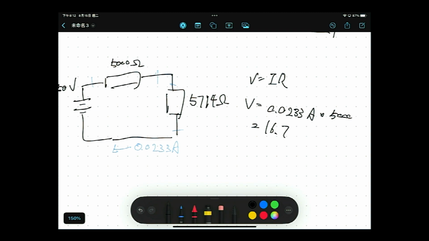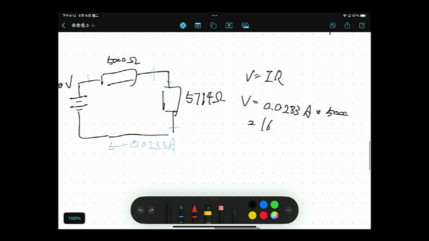Let me just grab my calculator. 0.0233 times 5,000 equals 116.666 V. This is how you calculate it.